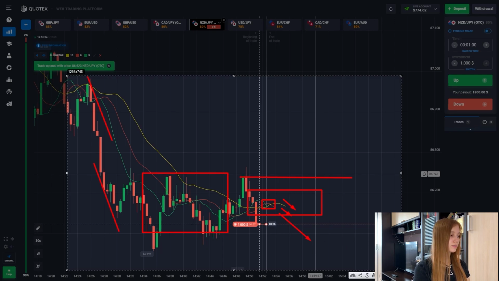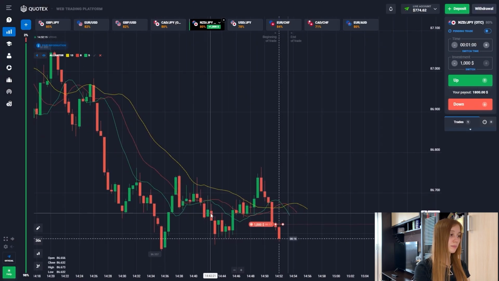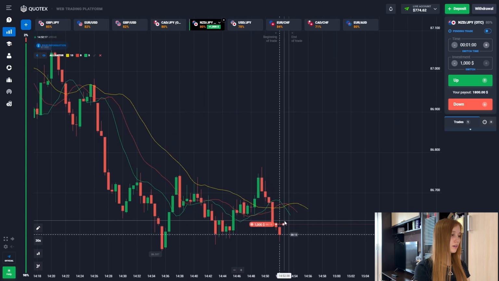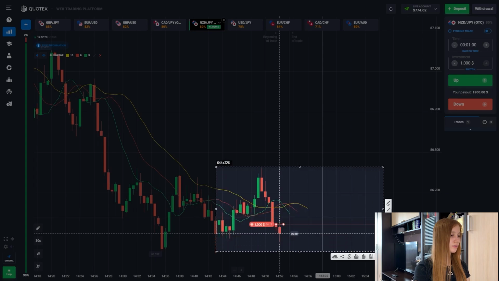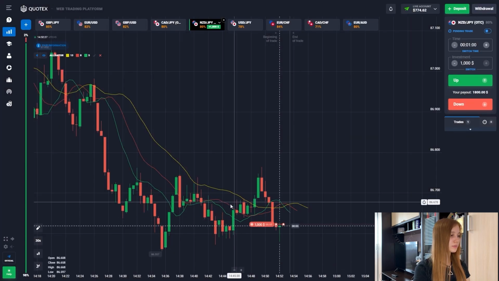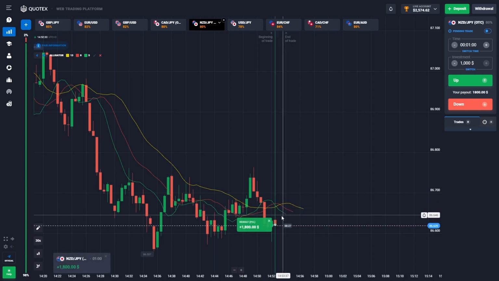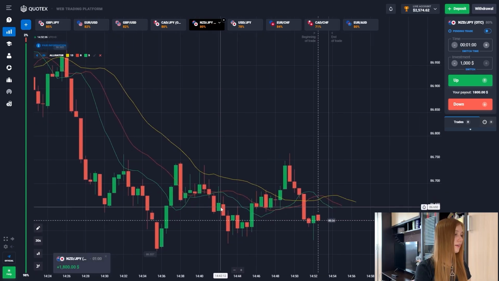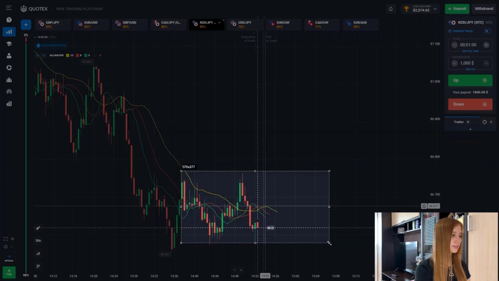Let's see what happened. I'm glad with the movement of the candle. Here we can see that the jaw of our alligator opened and the movement went down. It was very close. There was a rollback in the form of a green candle.